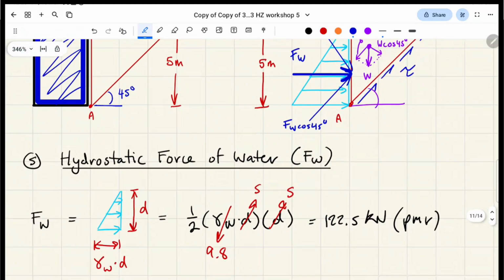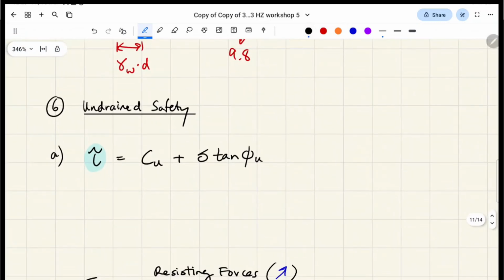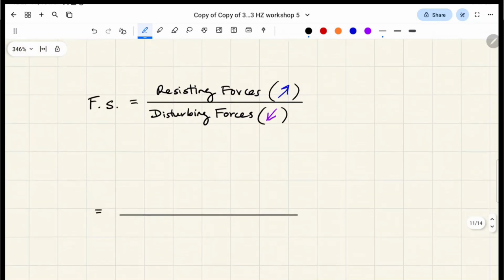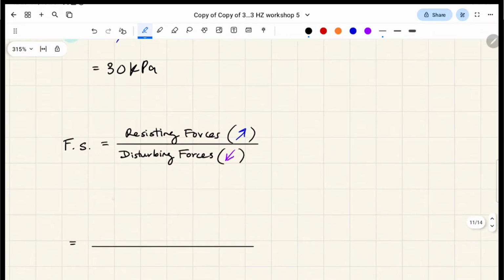Okay. Now, we do the same thing. We look at the undrained safety. If you remember, this was 30 before. This was 0. This whole portion cancels out. So this is just 30 kPa as before. Okay, so this should look familiar.